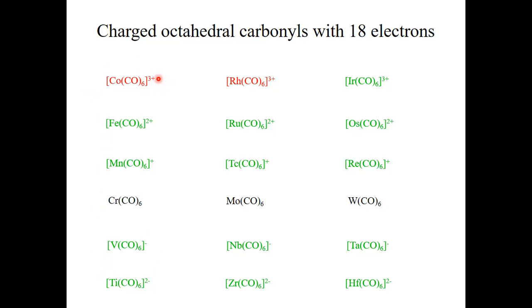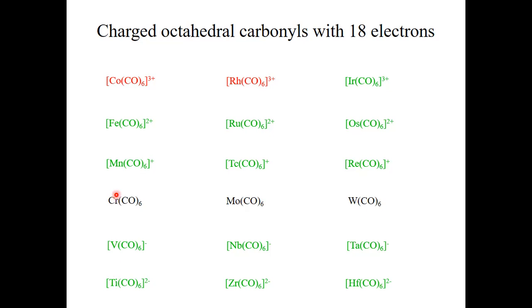We have seen that when carbonyls have a high negative charge, they can be stabilized by pi acceptor interactions, which is also called pi back bonding. That pi back bonding increases the bond order between the metal and the carbon, and that overall stabilizes the molecule.